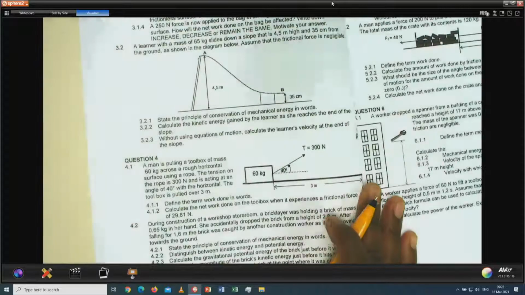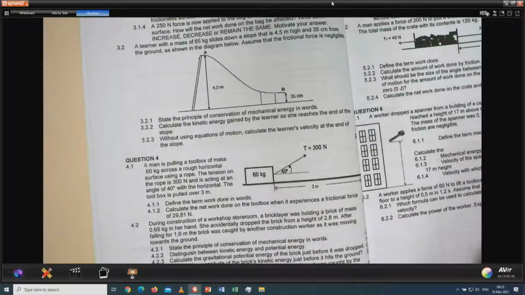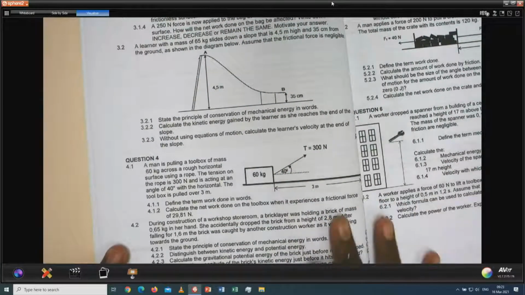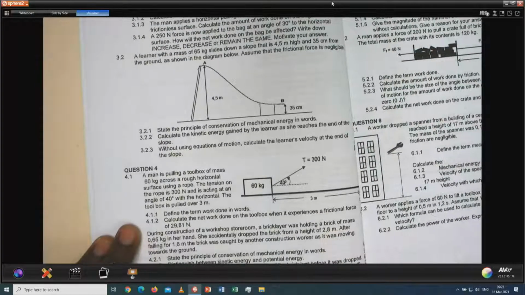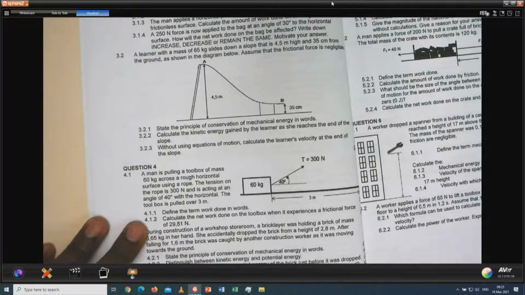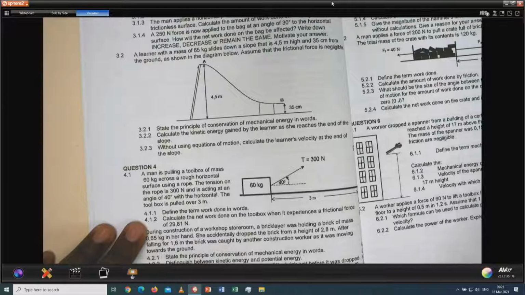Question 4 says, a man is pulling a toolbox of mass 60 kg across a rough horizontal surface using a rope. The tension on the rope is 300 newtons and is acting at an angle of 40 degrees with the horizontal. The toolbox is pulled over 3 meters.